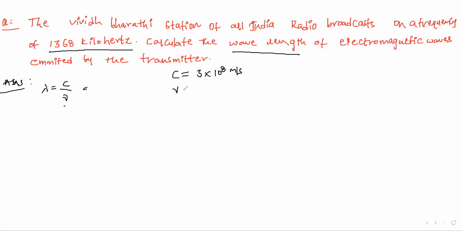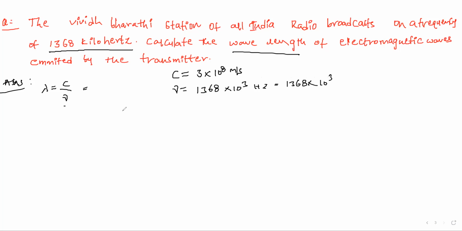And the given frequency nu is how much? 1368 kilohertz. Kilohertz means 10 to the power of 3, that is 1000, so 10 to the power of 3 hertz. That means 1368 into 10 to the power of 3.